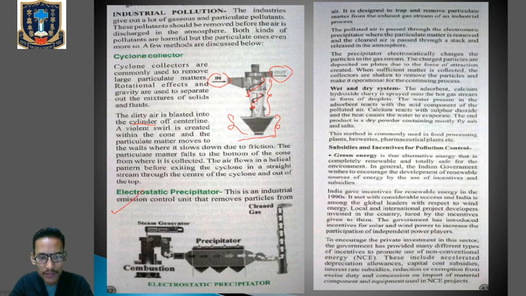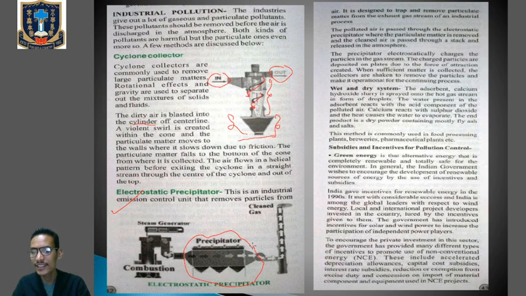You can see the steam generator, the combustion, and this precipitator is one of the most important parts of the electrostatic precipitator, which is mainly functional to clean the dirty air before it is released into the environment. Okay, so what happens in case of the electrostatic precipitator? How does it work? The polluted air is passed through the electrostatic precipitator.